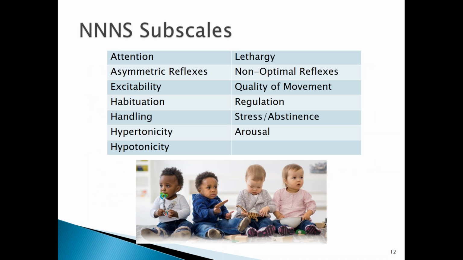These are the 13 subscales that are included on the NNNS. These are things like attention and habituation, handling, non-optimal reflexes, quality of movement, stress abstinence. As you might expect, there was a theory that these kids with prenatal drug exposure may exhibit different patterns on some of these areas.